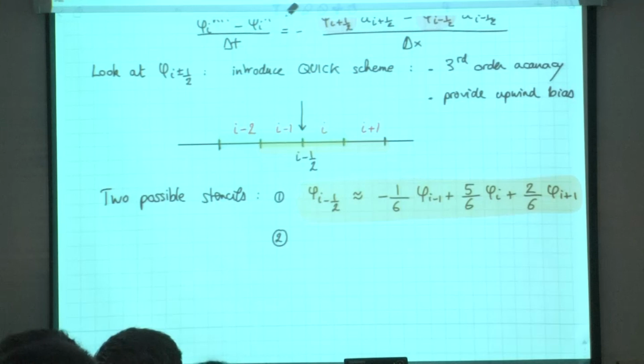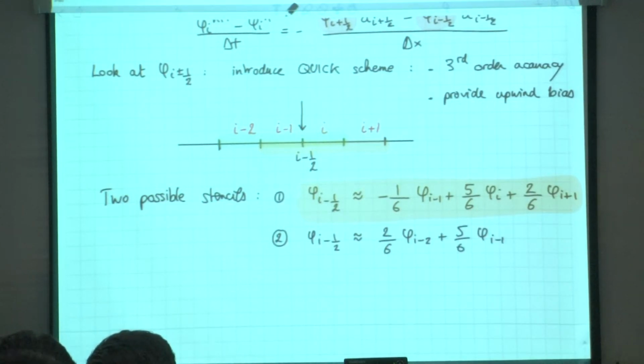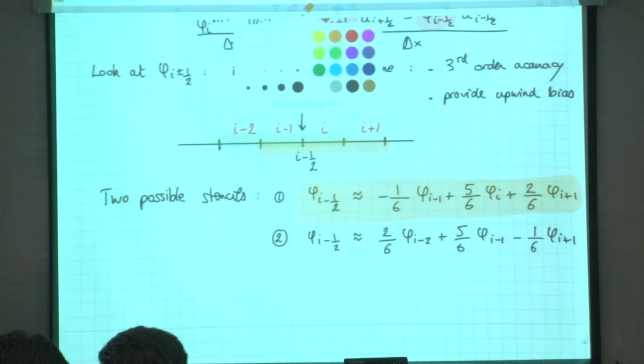And then the second stencil will be for phi I minus 1/2, which looks very similar. It's going to be 2 over 6 phi I minus 2 plus 5 over 6 phi I minus 1 minus 1 over 6 phi I plus 1. And that's going to be my green stencil.